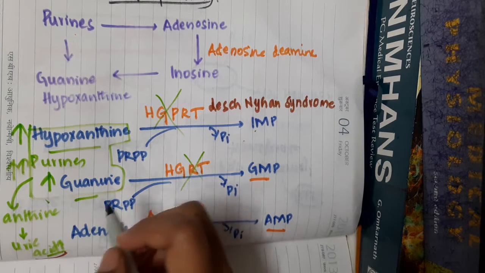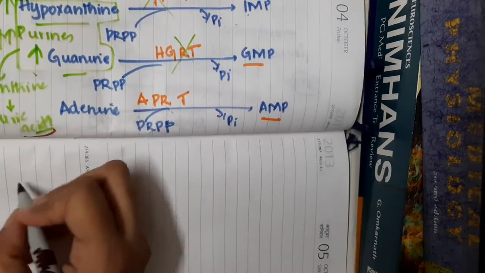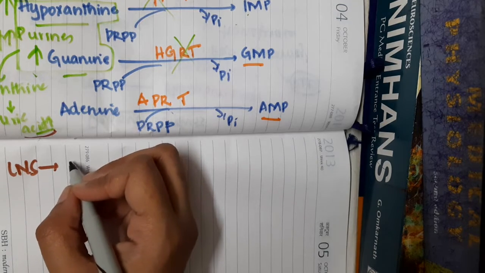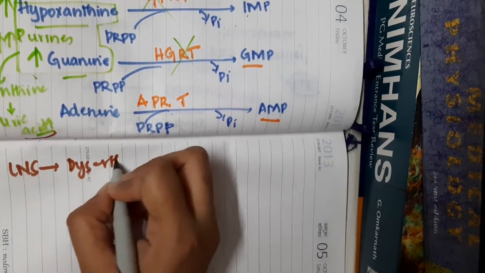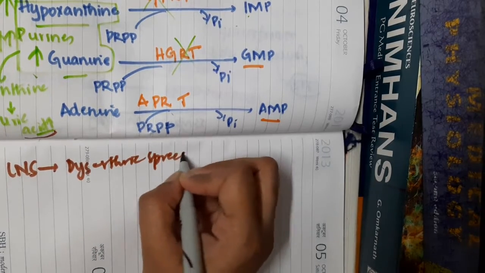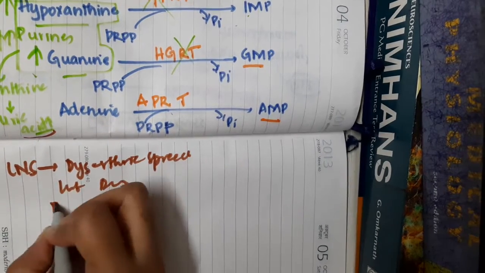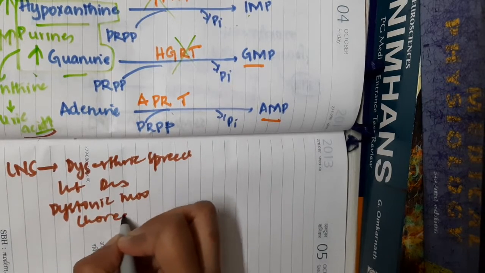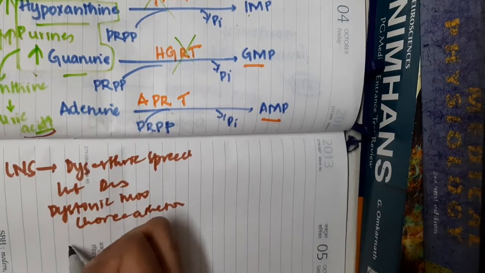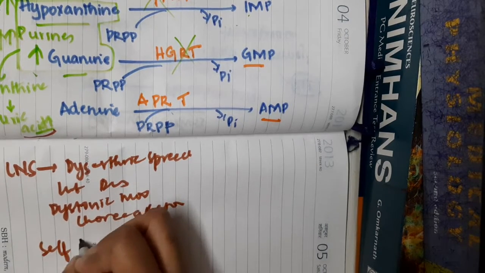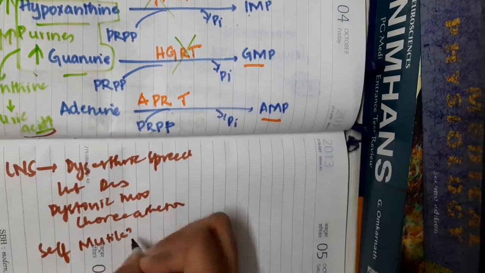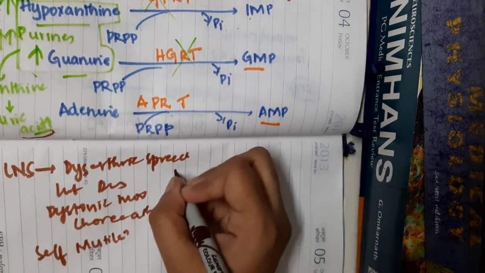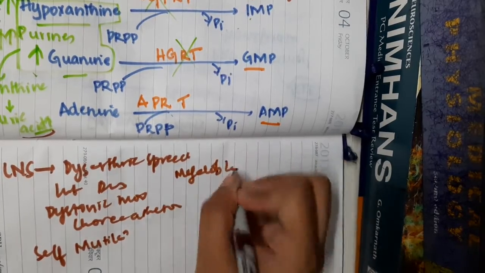You also see dysarthric speech and intellectual disability. Then dystonic movements are seen, and choreoathetosis is seen, and also the most important is self-mutilation, which is associated with this Lesch-Nyhan syndrome, and megaloblastic anemia is also associated here.